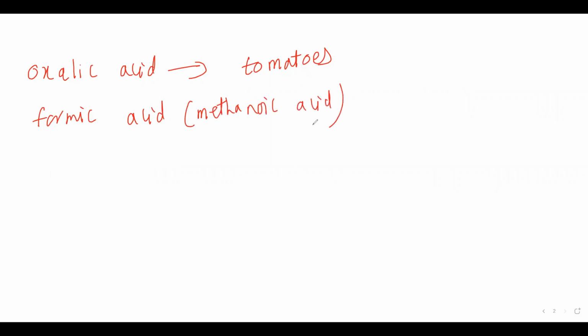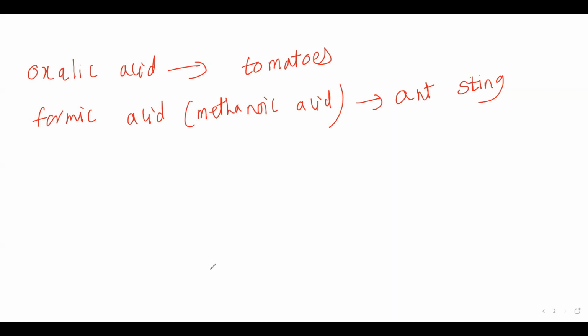This acid is present in the sting of an ant. When an ant stings, it releases this acid. That's why we get a little bit of redness and pain in that area. All this is because the ant releases formic acid.